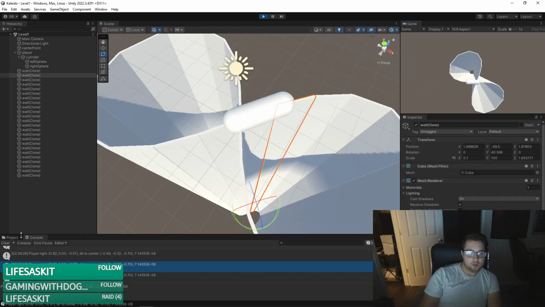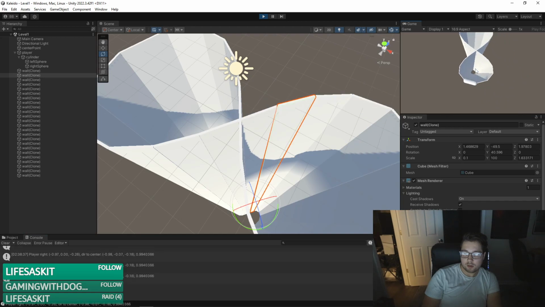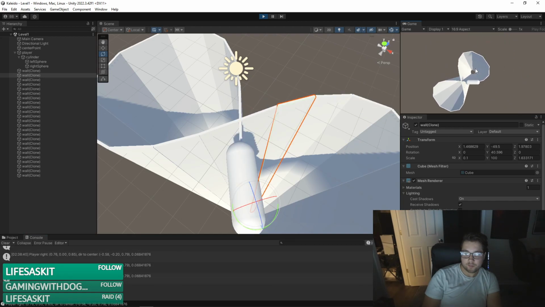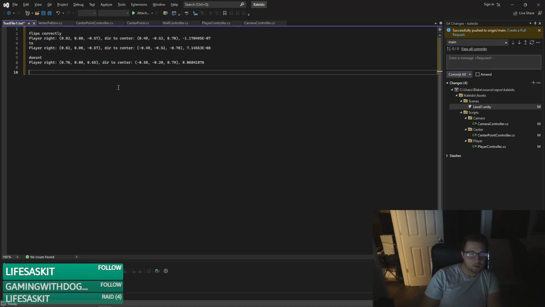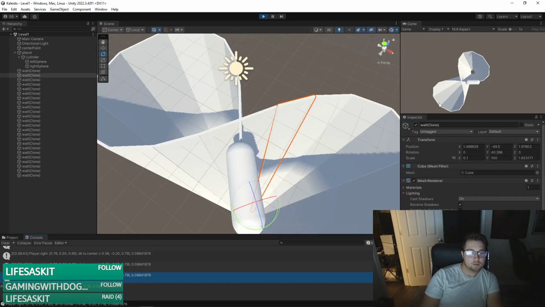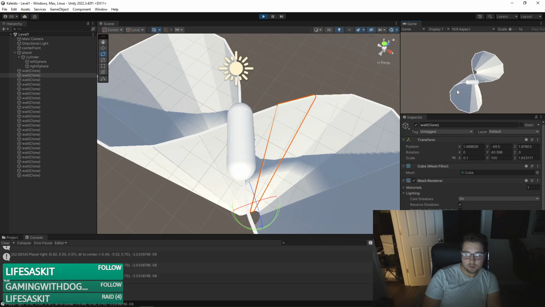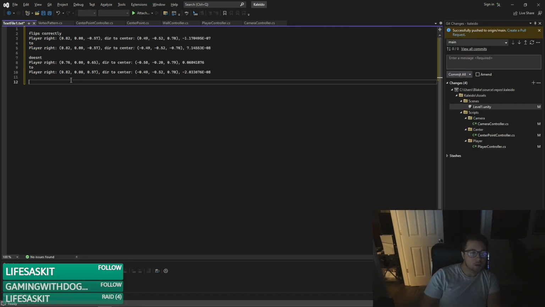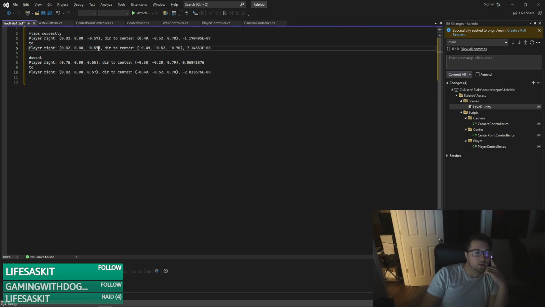And then when we don't flip correctly, we go from this to this. Okay, so these positives and negatives all stay the same as these positives and negatives. In fact, these should be the same.